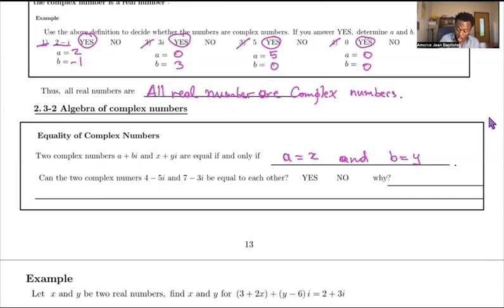Your answer should be no, because the two numbers have different real parts and different imaginary parts.